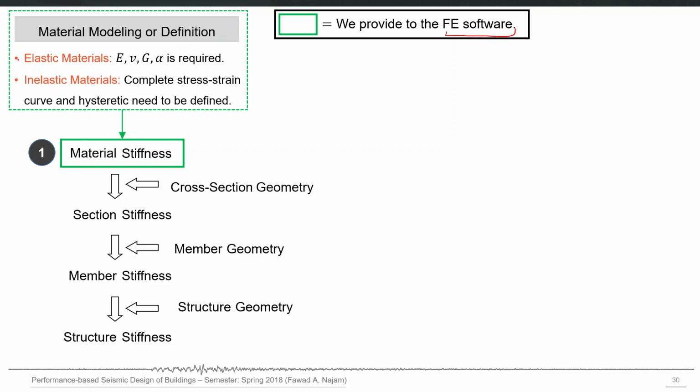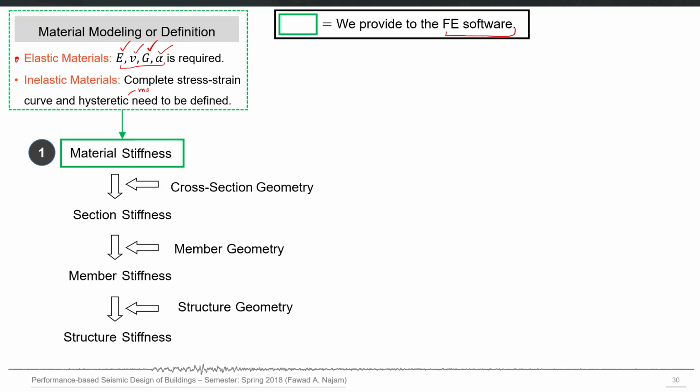If our material is elastic, which will be in this lecture's case, we have to provide at least these four properties, which is the elastic modulus, Poisson ratio, shear modulus and the coefficient of thermal expansion as the main input properties of an elastic material. And if we are performing nonlinear modeling, we have to define an inelastic material, and for that purpose we have to give the complete stress strain curve and the hysteretic model need to be defined.